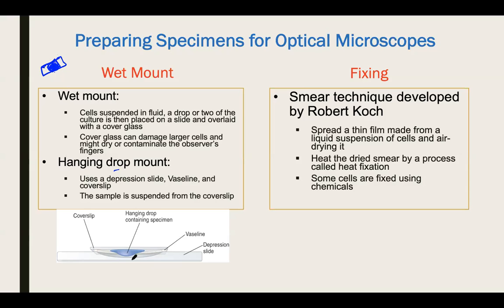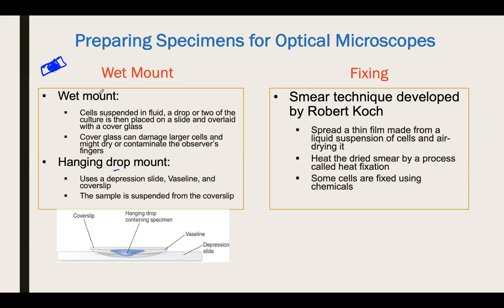It's a depression. So you take water and specimen over here, so that the living creatures cannot walk away from the slide. So that's the hanging drop mount. Usually most of the time we use it for living and large specimens.